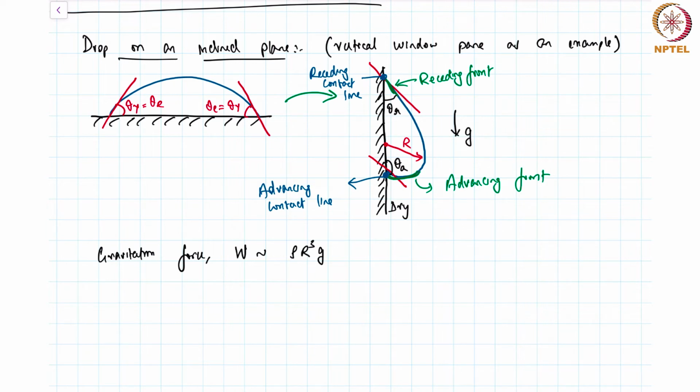And the surface tension force or capillary force, we'll call it Fs or Fc, again scales like 2 pi r, that's basically assuming it to be the circumference of the contact line, length scaling like r, 2 pi r times gamma.